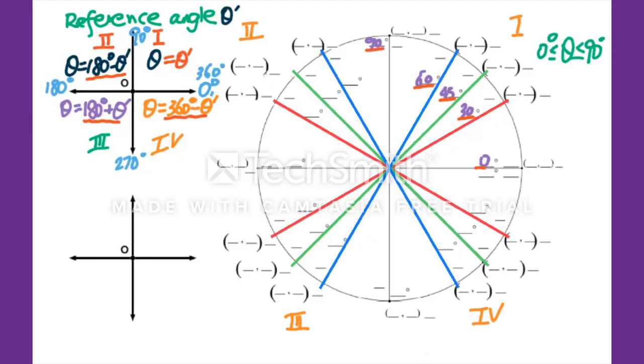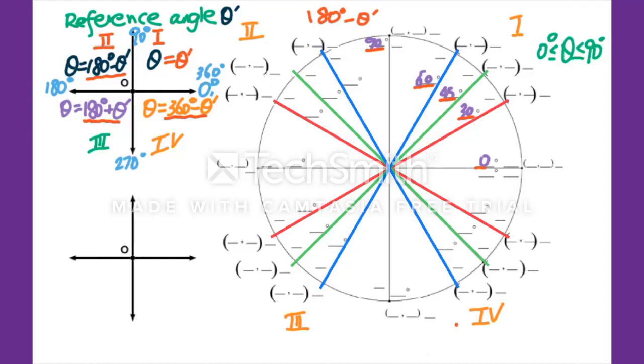So for the second quadrant, you have to do this calculation. For the red line, the reference angle will be 30 degree. So for the second quadrant, I use 180 minus the reference angle, meaning 180 minus 30.